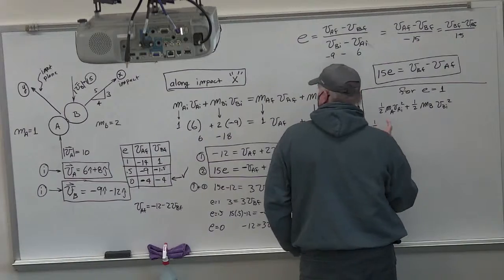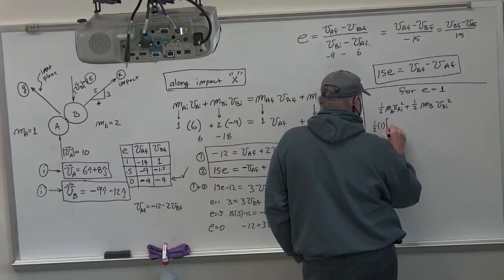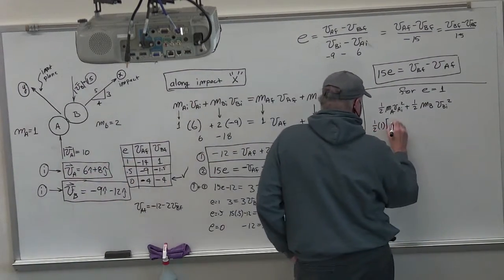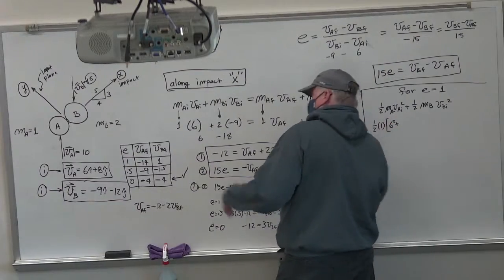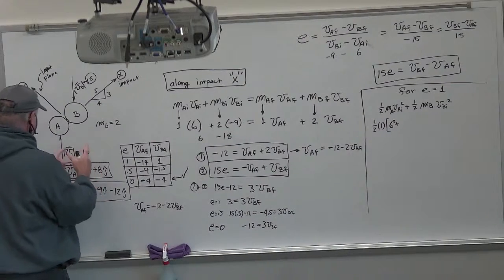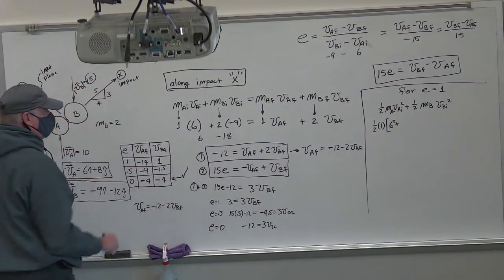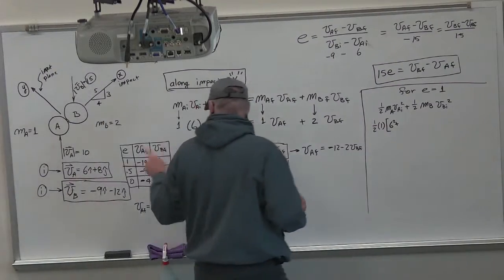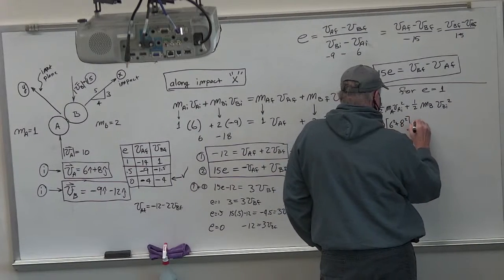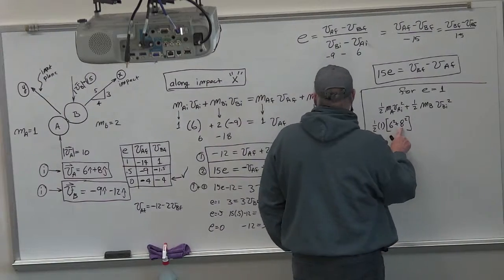This was 1. The initial velocity is that, 6 squared plus, now, this came out of this. But I'm going to go back to components. Now that's the x component and the y component squared.